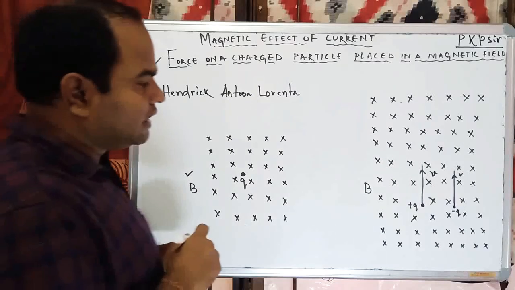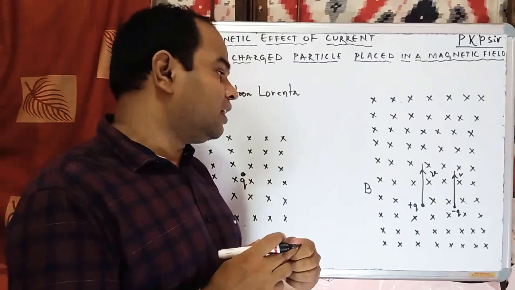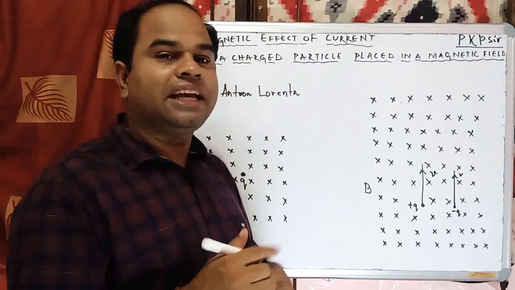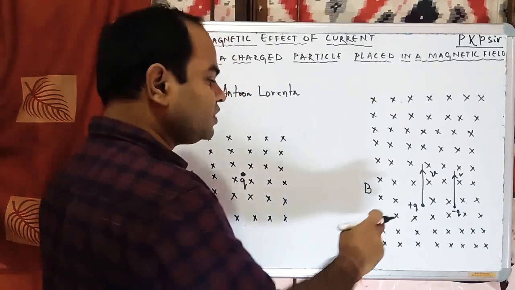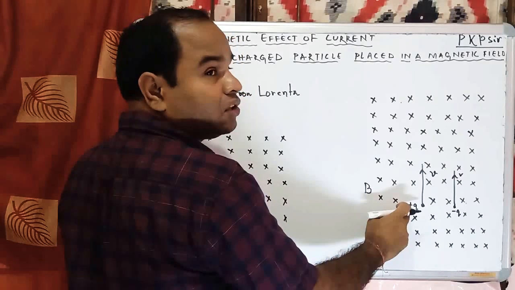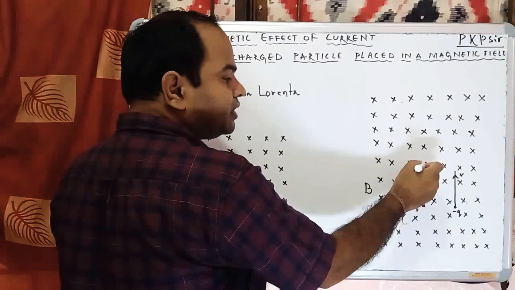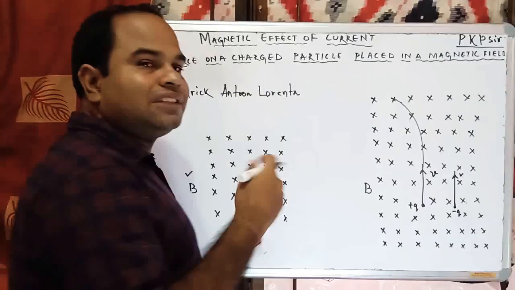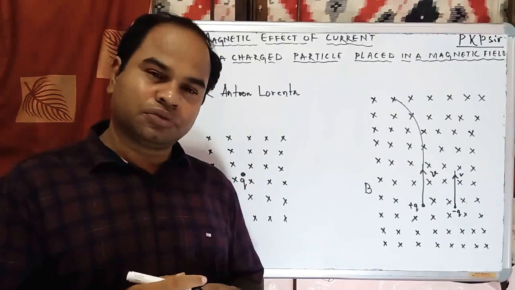But whenever a charged particle Q is allowed to move with a velocity, it experiences a deflection. So let us consider a positive charge plus Q allowed to move with a velocity. Then it experiences a deflection like this. Since it experiences a deflection, the deflection must be due to some force.